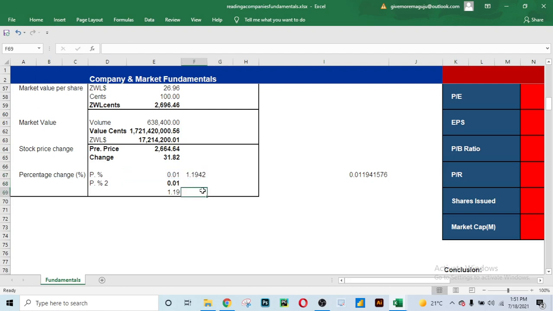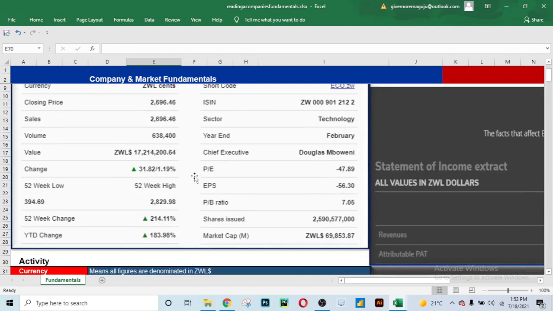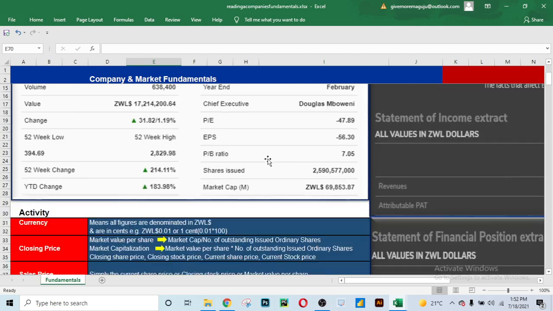These two ways have yielded the same result, which is perfect. After you apply this and multiply by 100, you will get 1.19%, and if we go up here, you will see that it is similar to this 1.19%.